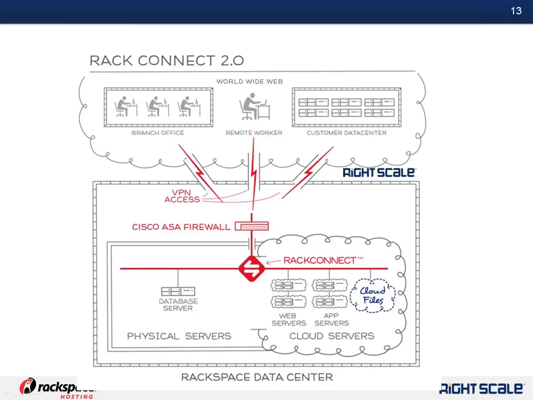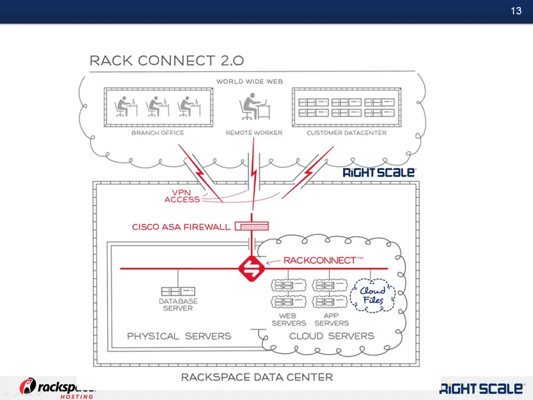This is a new kind of use case that we're seeing a lot of interest around because we're using RackConnect, or we're using a firewall rather for RackConnect. We've got the capability to terminate an SSL tunnel between our customers and Rackspace, and so this gives a nice way to use Rackspace as an extension of your own data center.